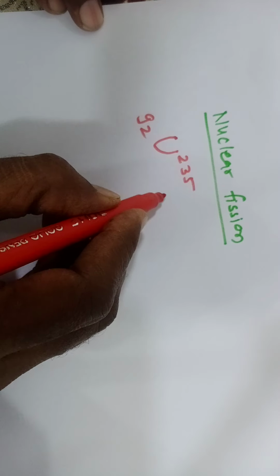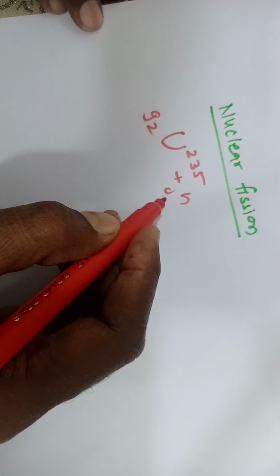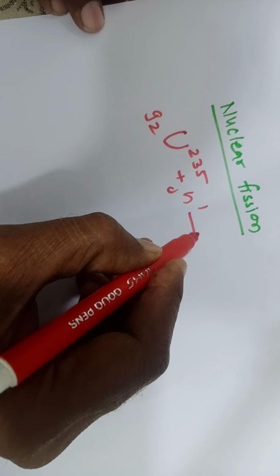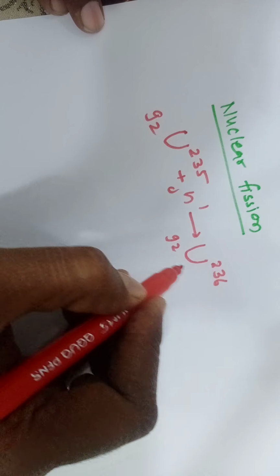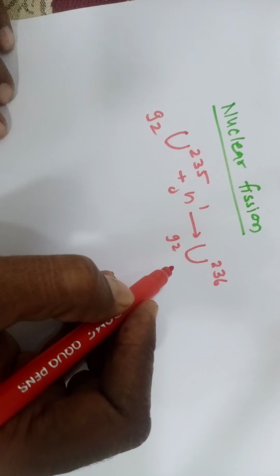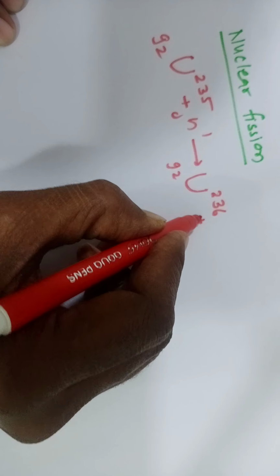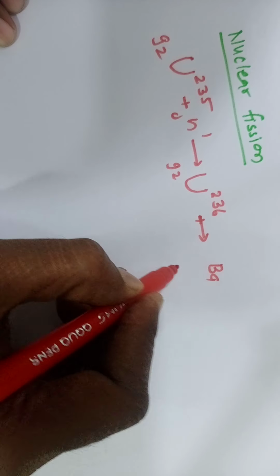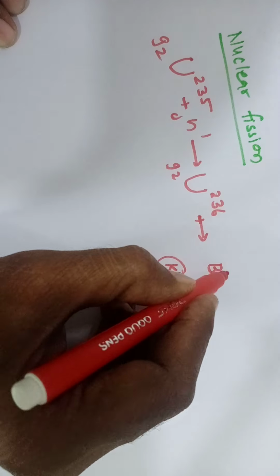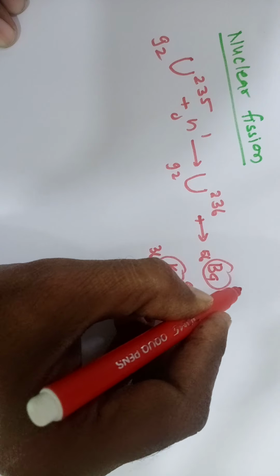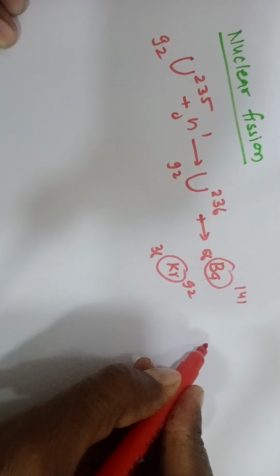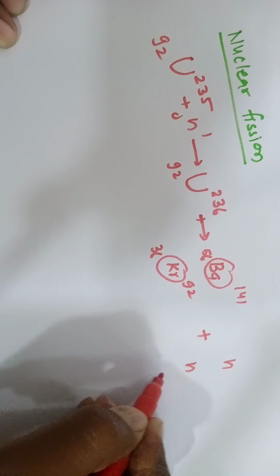When we bombard uranium-235 with slow energetic particles like neutrons, first it forms a trans-uranium element, and then this breaks into barium 56 and krypton 36, plus it emits 3 neutrons.